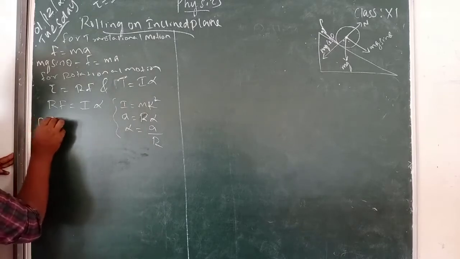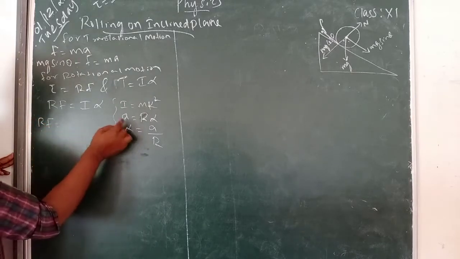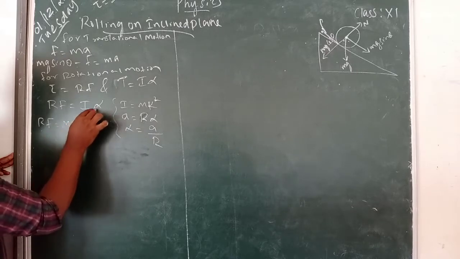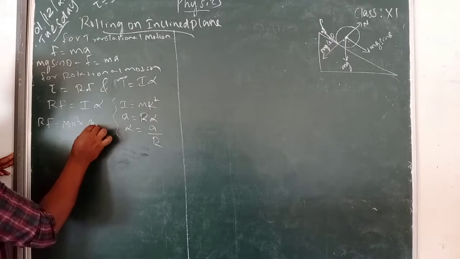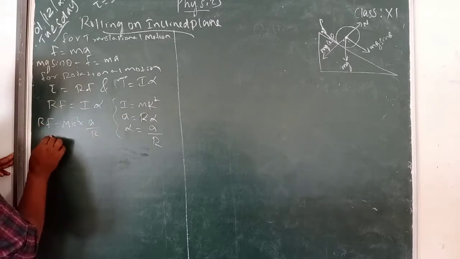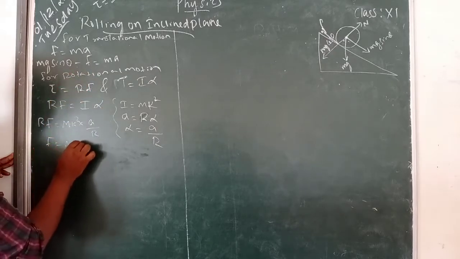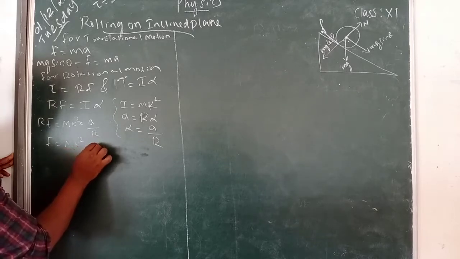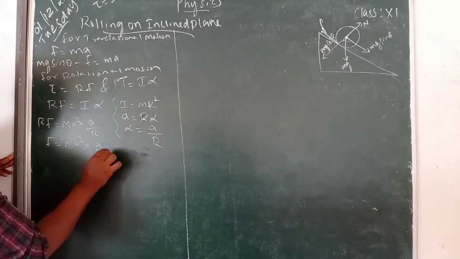Now substitute I equals mk square and alpha equals a by R. Take this R down, so F is equal to mk square into a by r square.